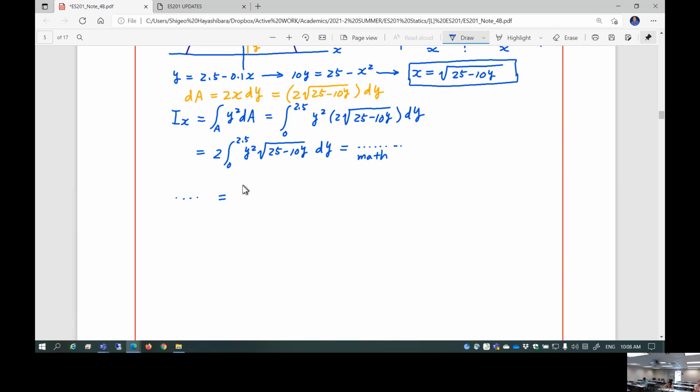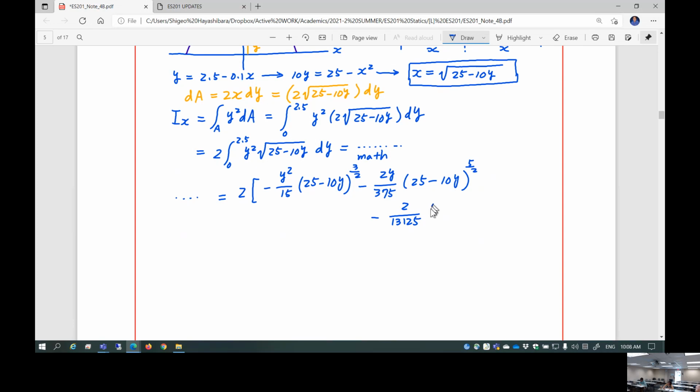This is going to be equal to 2 times bracket minus y squared over 15 times 25 minus 10y to the power of 3 over 2, minus 2y over 375 times 25 minus 10y to the power of 5 over 2, minus 2 over 13125.